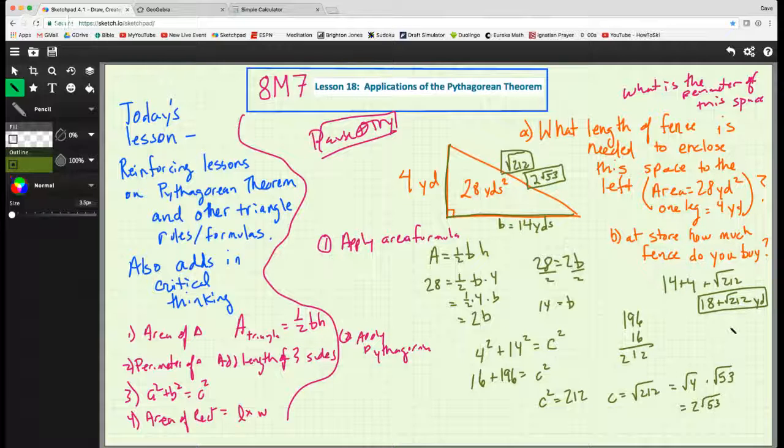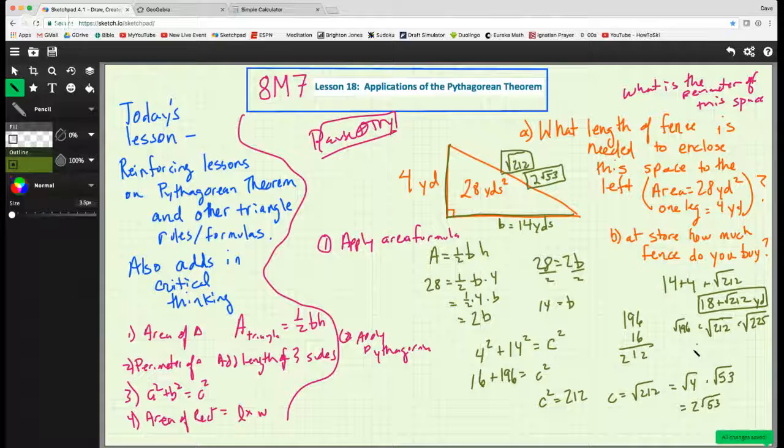And then we're going to buy a little bit of extra fence and make sure we have a little bit over. Well, the square root of 212 is between what two numbers? Well, it's between the square root of 225, which is a perfect square, and the square root of 196, which we just remember is 14.